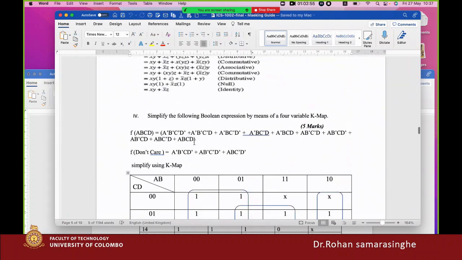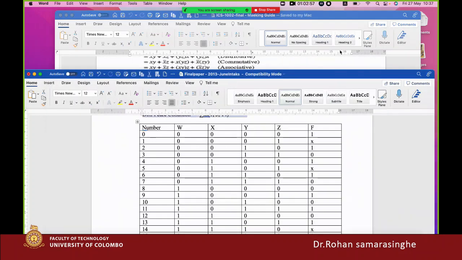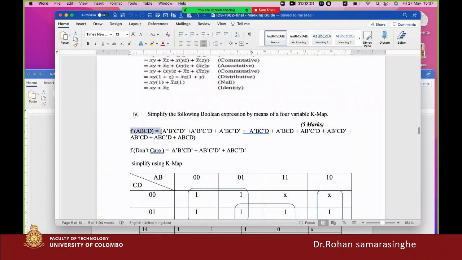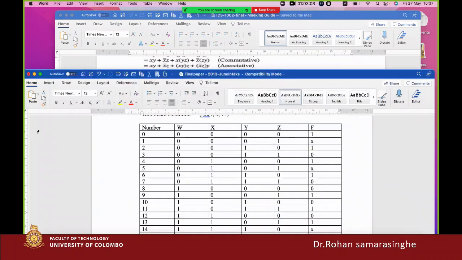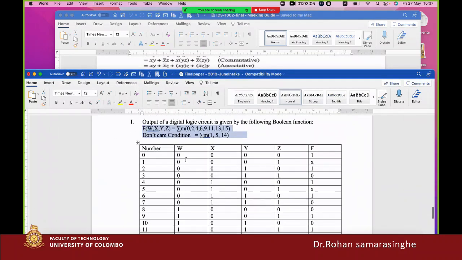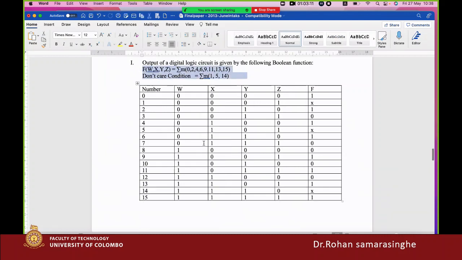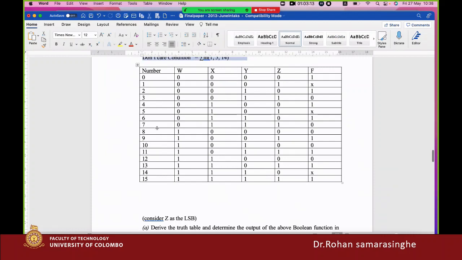For this question the function is given, but in this case you have to derive the function using these two, so you have to have a truth table like this for the values, because these values can be represented from the 4 variables.